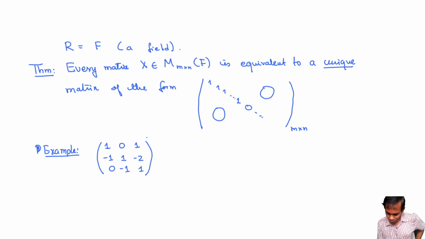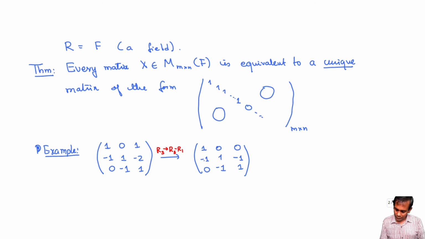What we want to do is get zeros here and here. So I'll take this 1 here and try to make it 0. I will take the third column and subtract from it the first column, and what I get is right multiplication by one of the shear matrices. So it's still in the same equivalence class, and this only changes the third column, and what I get is 0, -1, 1.